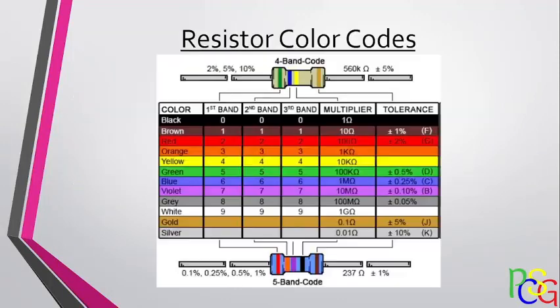Okay, so now the next thing we can move on to is resistor color codes. When you start to build circuits in person, you will have to understand resistors and how they are color coded. You will see they have these bands of colors around them, and each of the band colors has a specific unit attached to it.